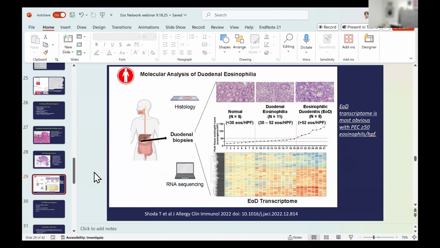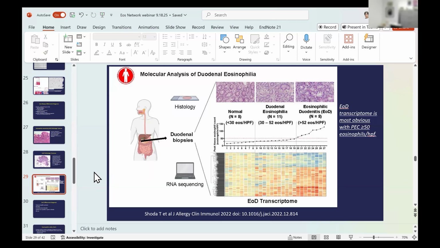And this is a study that showed the transcriptome, the manifestation of gene changes in the duodenum, both upregulation and downregulation, that are depicted on the right side of the transcriptome at the bottom of the slide.